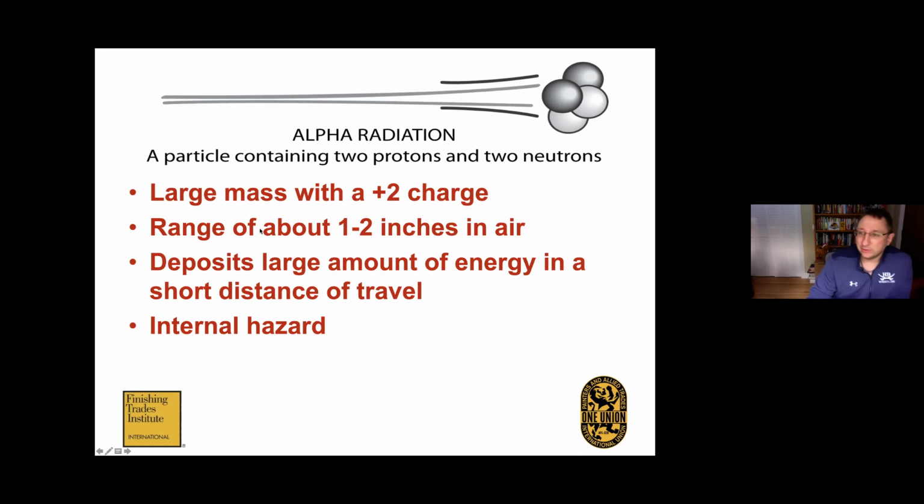So it's going to rip things away from our cells. It doesn't travel very far. So if this phone was an alpha radiation source, the radiation would only travel a couple inches above its surface. Now, why is radon so deadly if it doesn't travel that far? Well, it does, because it behaves like a gas. So those radon particles float around on the currents that are in our basement and our houses.